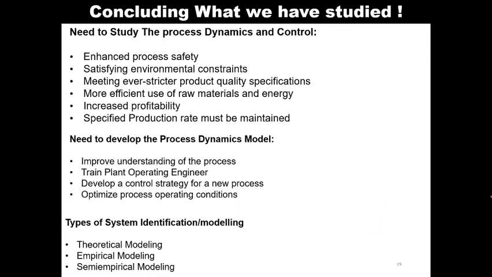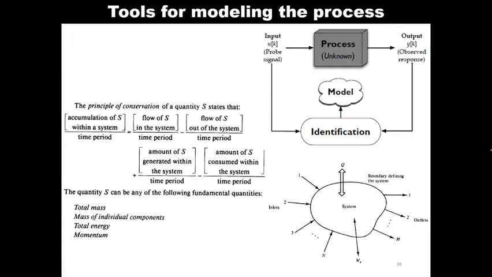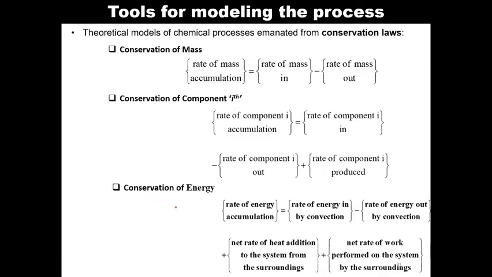Today, we have also seen what are the different tools used in order to find out the model in the theoretical modeling. Generally we are using the principle of conservation, and in the principle of conservation, total mass, energy, momentum, and the component balance are used for the identification of the model.